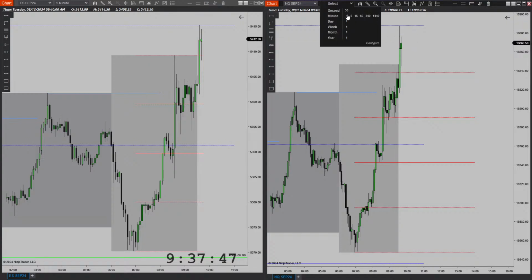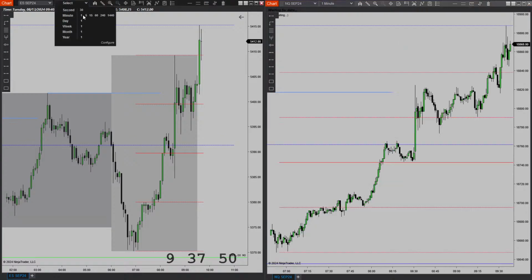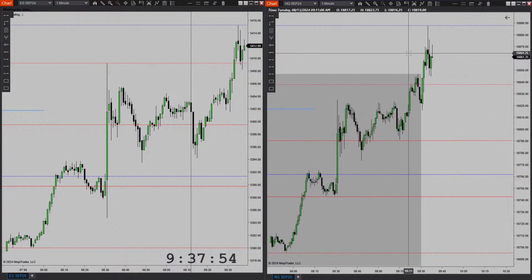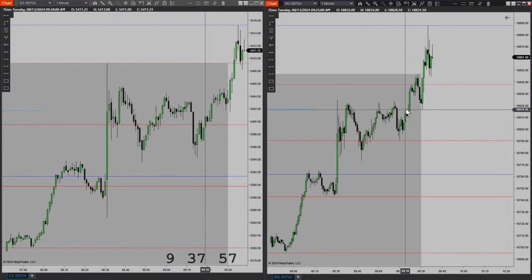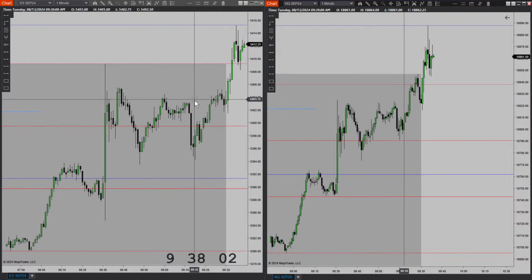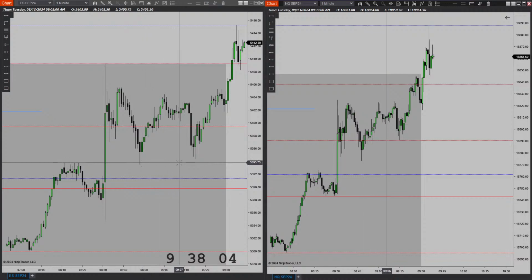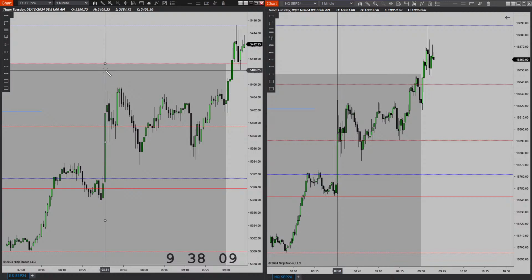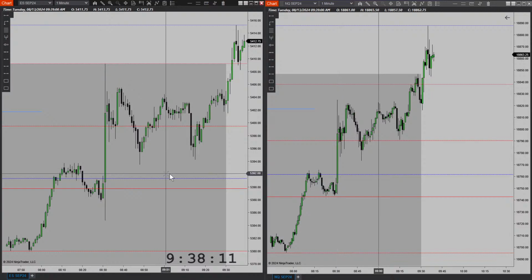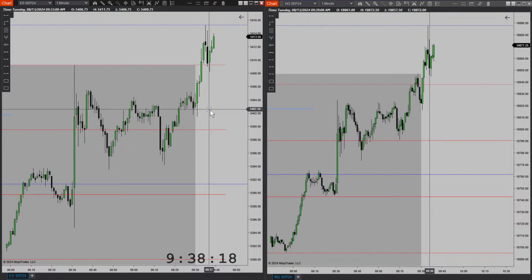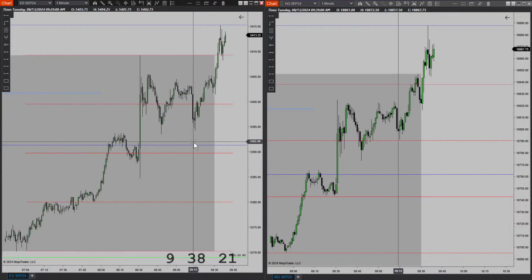Let's take a look at the 1-minute. The price is respecting bullish order flow. No SMT whatsoever in any of these.